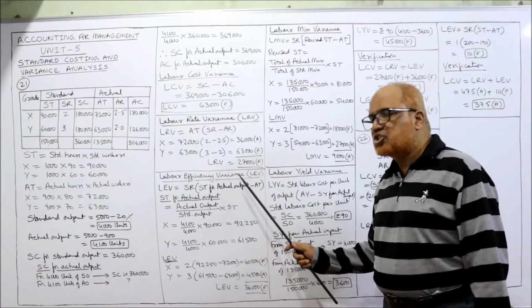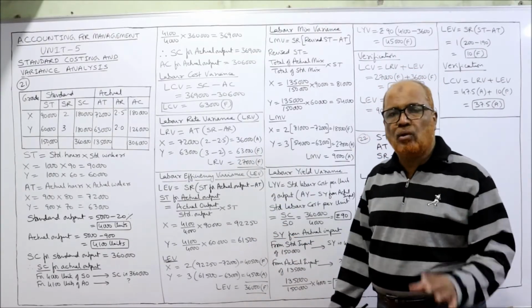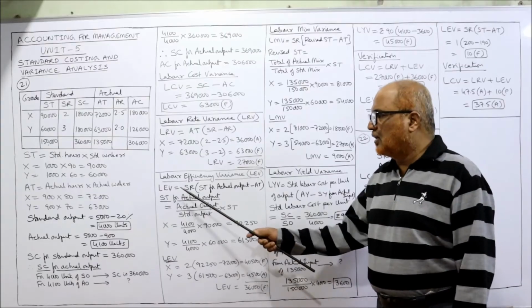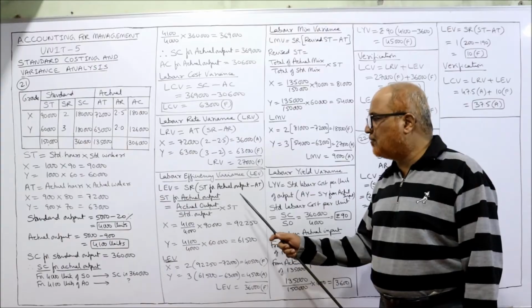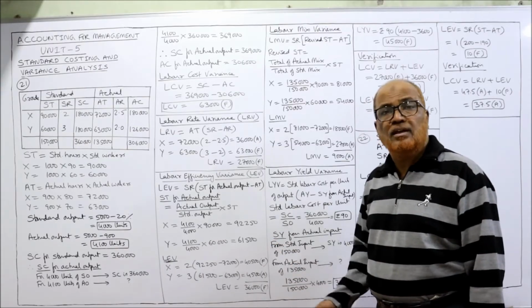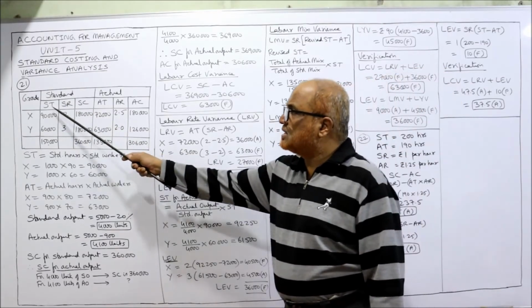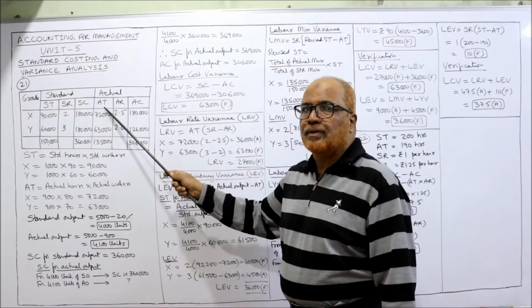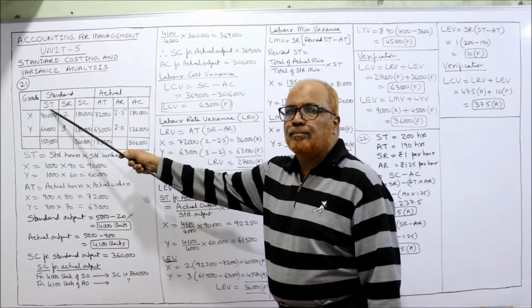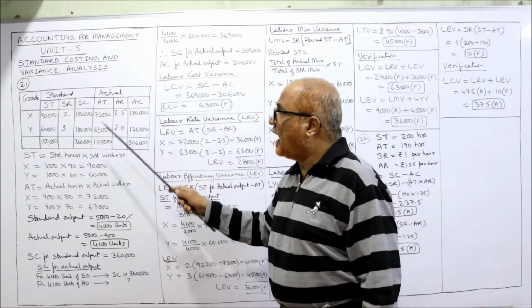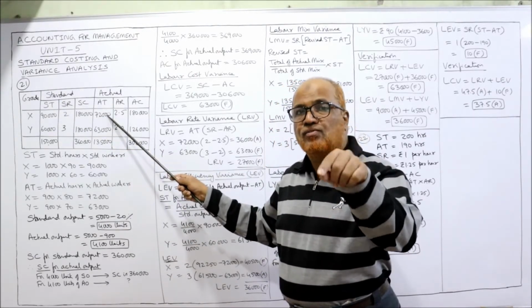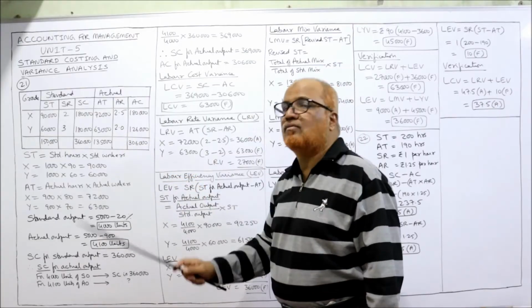Now labor efficiency variance, LEV. Now here you have to make some adjustment. The formula for LEV: standard rate into standard time for actual output minus actual time. Here again, we cannot compare this standard time with actual time, because this standard time is for standard output of 4,000 units, and this actual time is for actual output of 4,100 units.